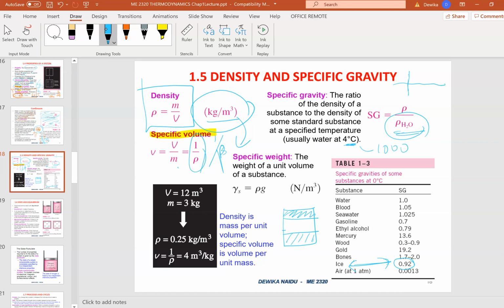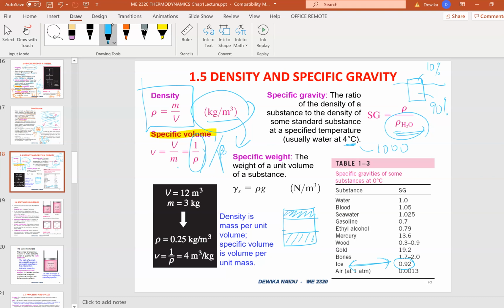Like this. My drawing is not too accurate, but this is how it is. So ice will be floating. 90% of the ice is actually in the water, submerged in the water, whereas 10% will be floating up. That's the 0.92 meaning.